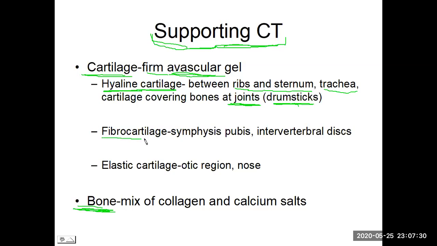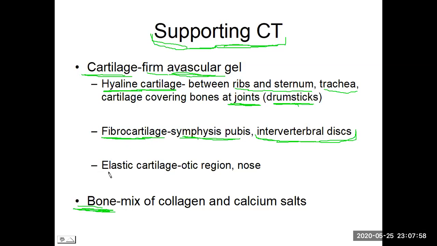Fibrocartilage is a much stronger type of cartilage due to the increased amount of collagen running through it. One example of a location, the symphysis pubis, that's the fibrocartilage of the pelvis, as well as the discs between our vertebrae. The intervertebral discs are composed of this stronger fibrocartilage.